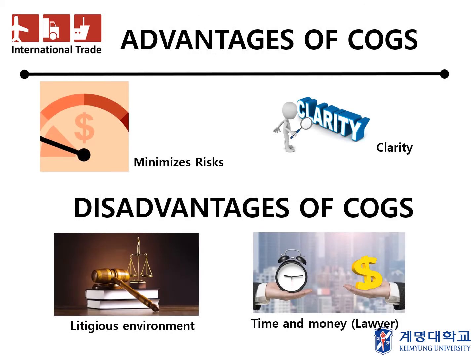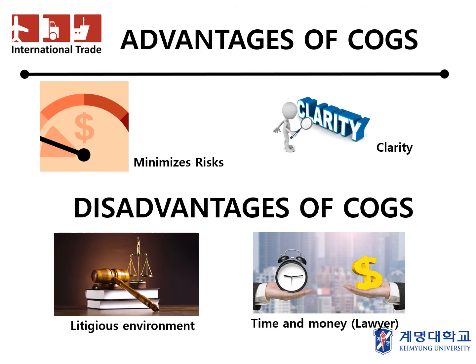Okay, what are the advantages of a contract of goods and sales besides its importance? Let us emphasize why we really should use a contract of sales, and what are some of the negative aspects of using it. In general, of course, the contract of goods and sales will help you minimize risks.